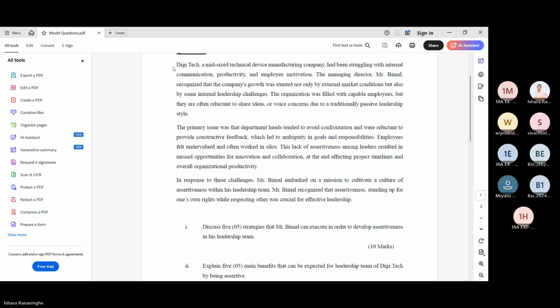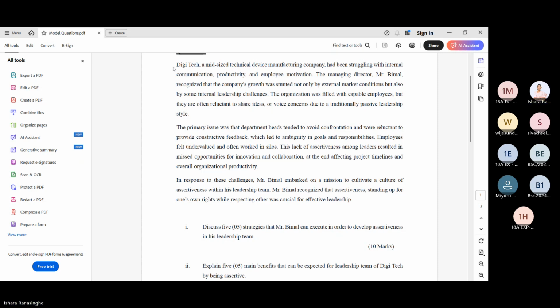Then if we consider the last point, seeking compromise, you can mention a strategy with it. So Mr. Bimal needs to focus on improving the negotiation skills of his leadership team. See how we are converting these points into strategies.